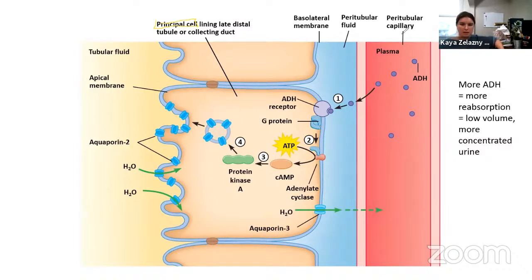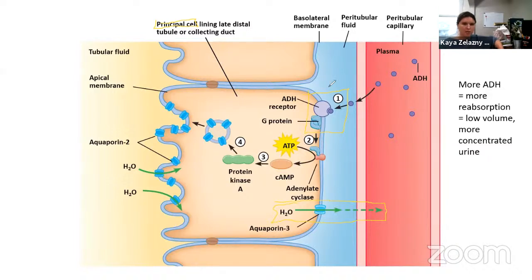ADH is coming along in our plasma as binding to a receptor, G protein coupled receptor on our basolateral membrane. We remember that the basolateral membrane always has aquaporins, specifically aquaporin 3 here. Okay, so that's also there, but it doesn't always have aquaporins on the apical membrane.